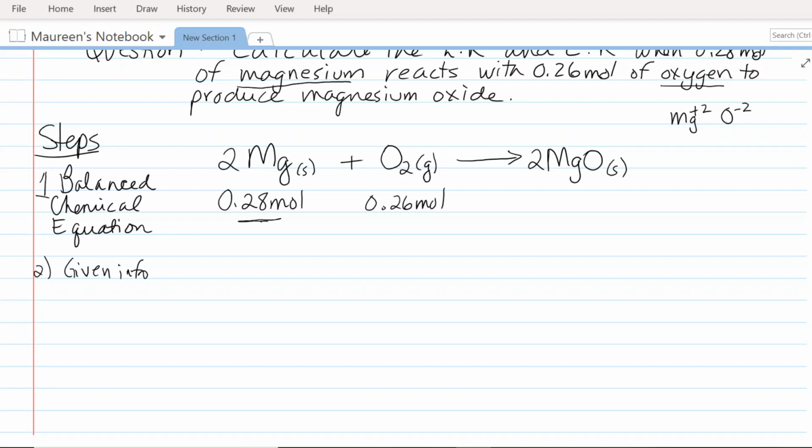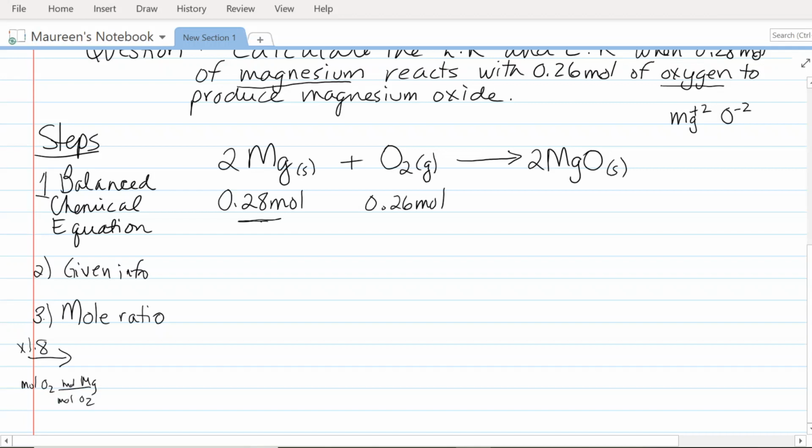All right, so in step 3, we're going to do what we call the mole ratio. In the video you watched the other day, you saw that you could do a mole ratio just by multiplying by a certain factor, or you could do the conversion factor where you'd have moles of oxygen and moles of magnesium, and you'd be canceling out like this.